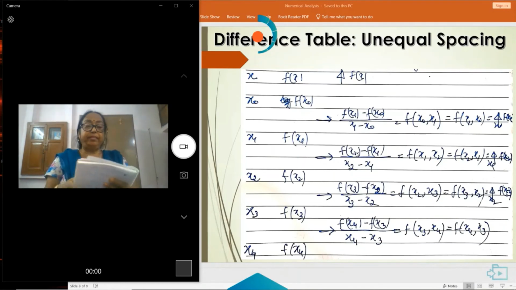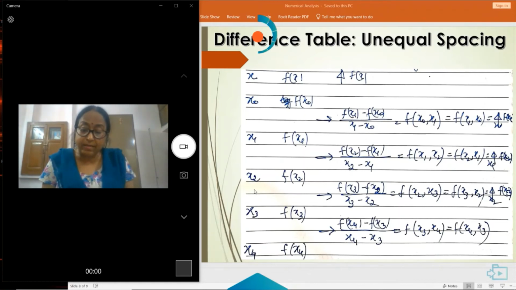Now, we will explain the difference table for unequal interval or unequal spacing. Suppose x takes the values x0, x1, x2, x3, x4, etc., and they are not equally spaced. And the corresponding f(x) values are f(x0), f(x1), f(x2), f(x3), f(x4), and so on.